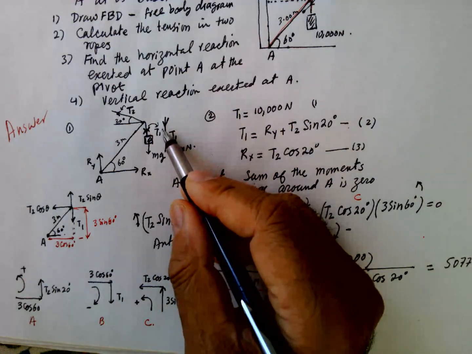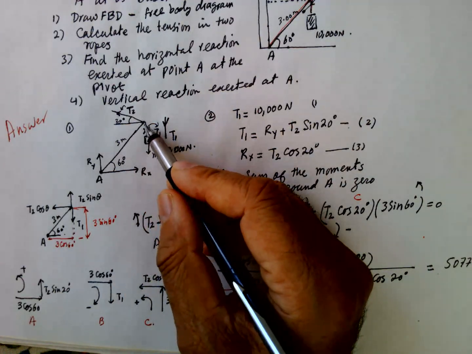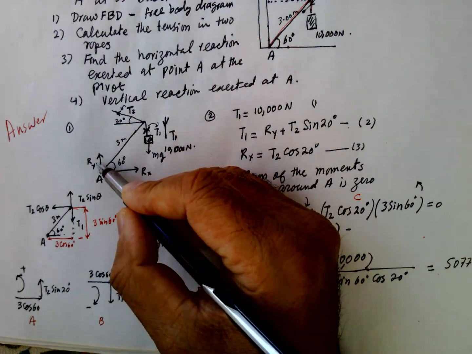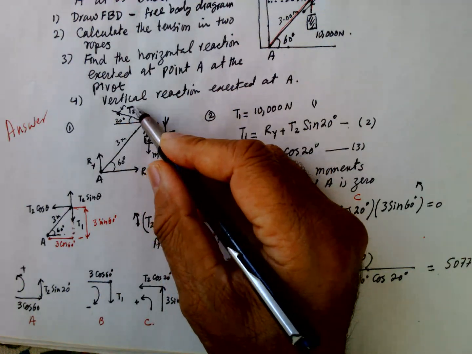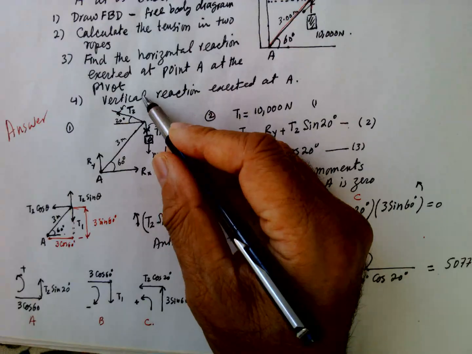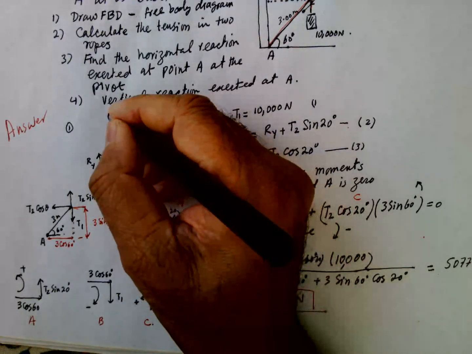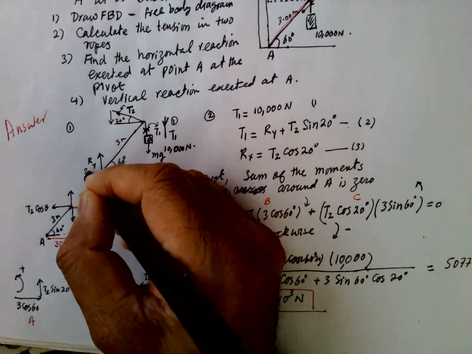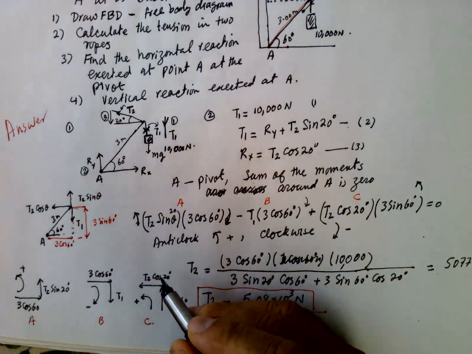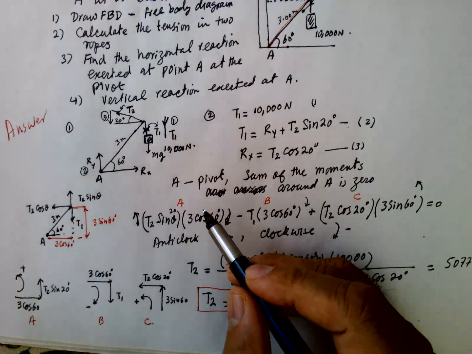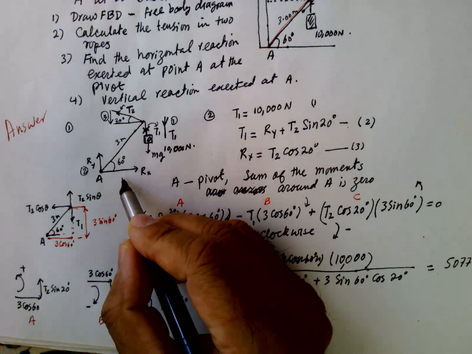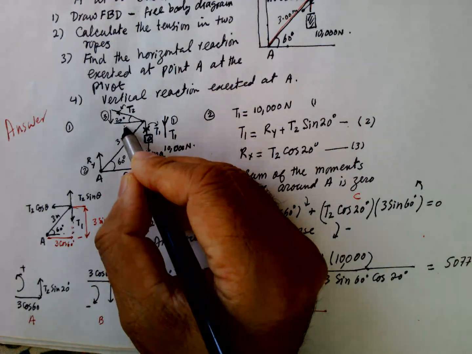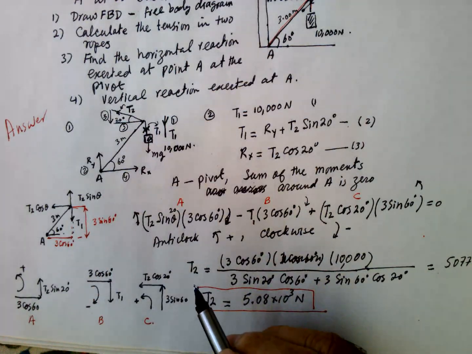And if you sum up these forces, T1 is down, Rx is up, and this angled force also has a component. So these are the 5 forces.